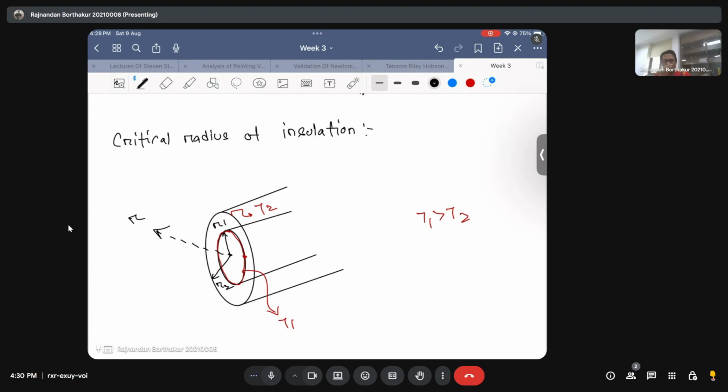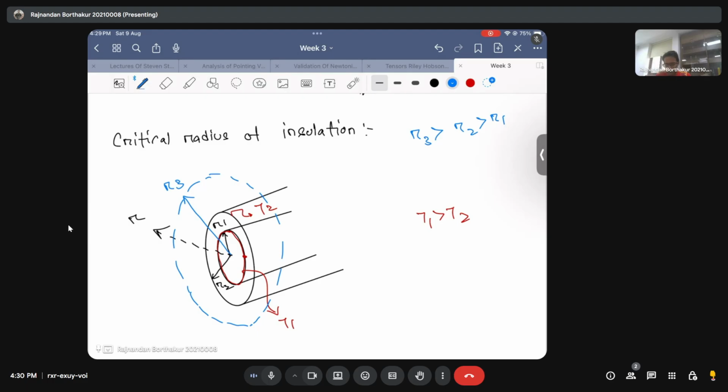Now, there is something which is known as insulation or an insulating material. So what people do is they put another concentric material, which is the insulating material, of some radius which is of course greater. So let's say I call it R3, which is of course greater than R2 and R1.